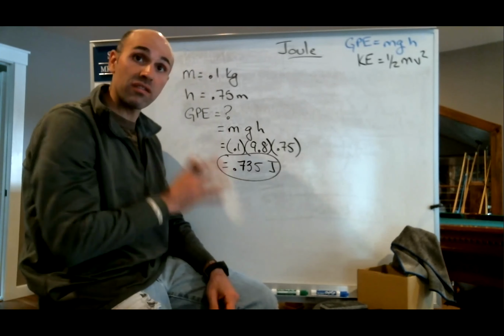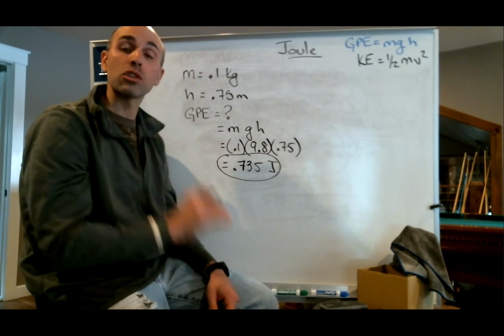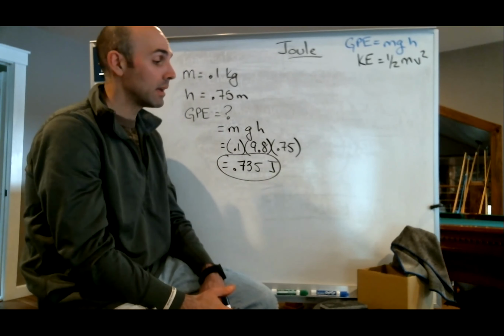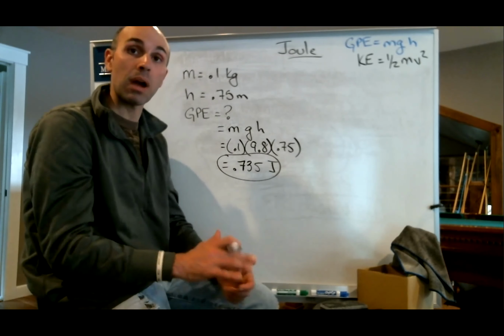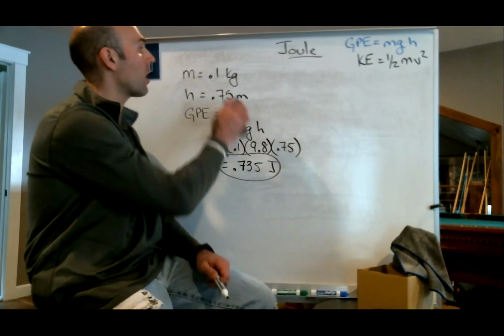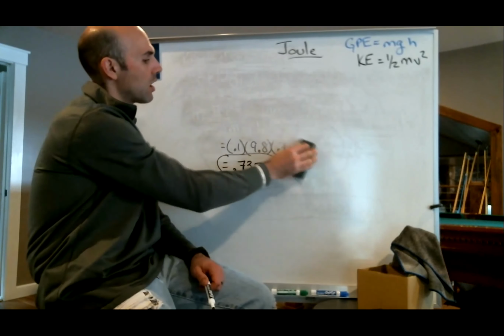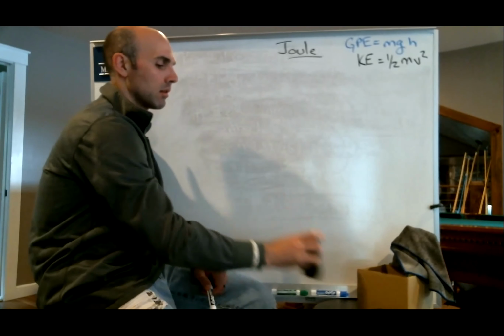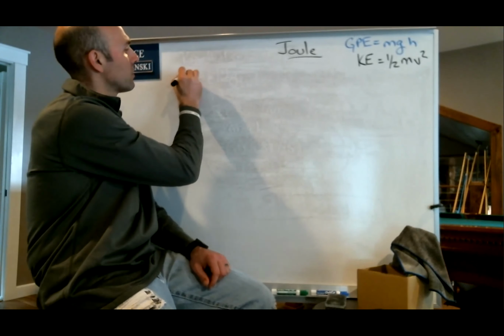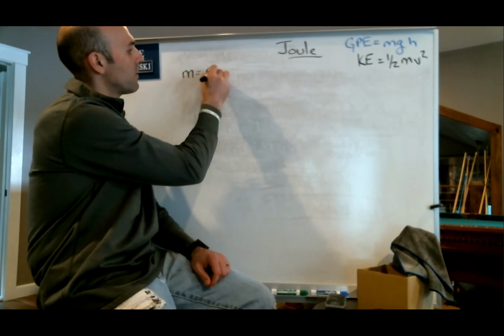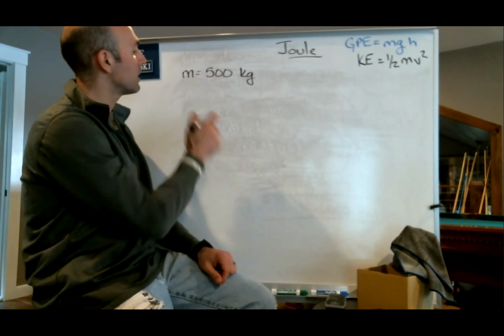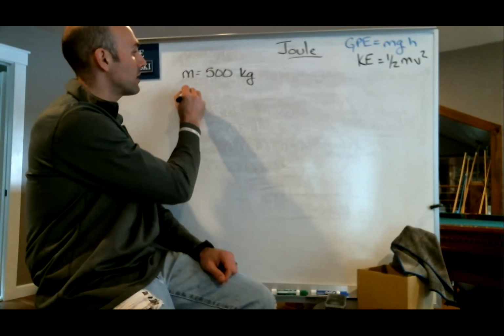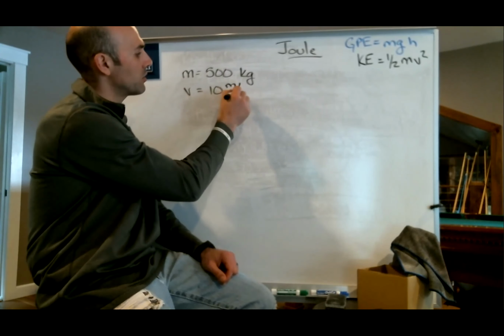So we just found our gravitational potential energy. Now, let's say, different problem. Let's say we have a car, and this car is flat on the ground, and it has a mass of 500 kilograms, and it has a velocity of 10 meters per second.